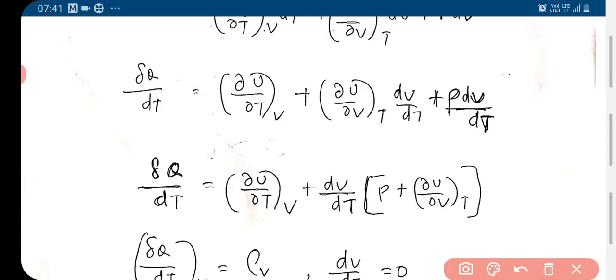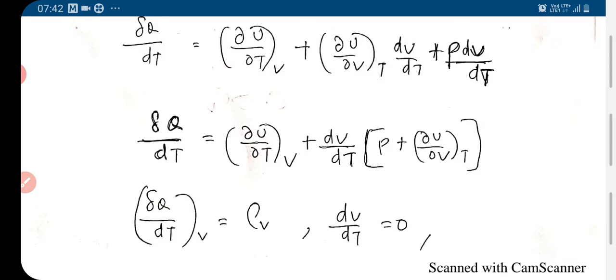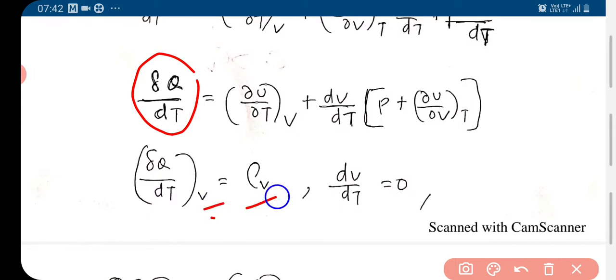And this is given by ∂U/∂T at constant volume, then we take the common factor, so plus P plus ∂U/∂V at constant T, times dV/dT. And if you are considering this at constant volume, we have Cv.